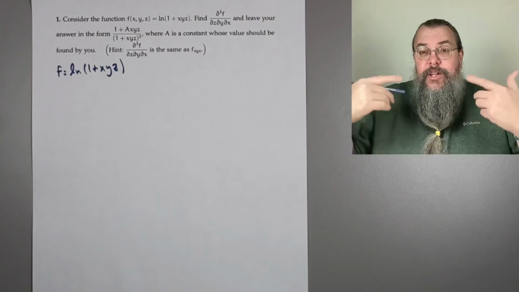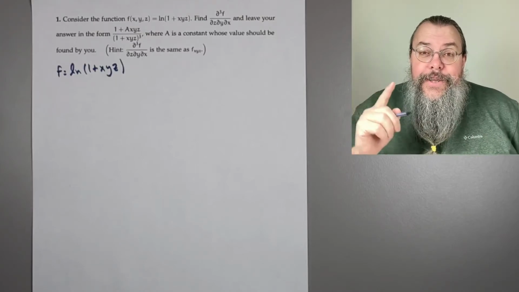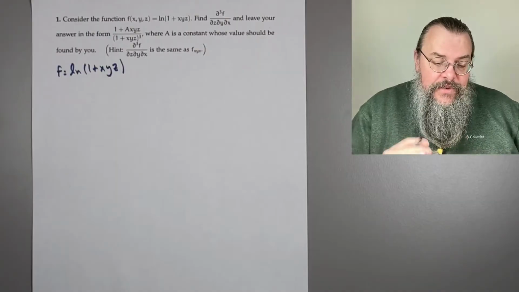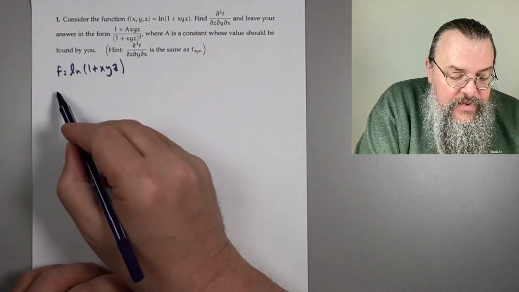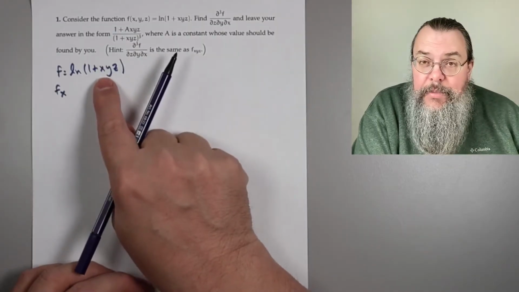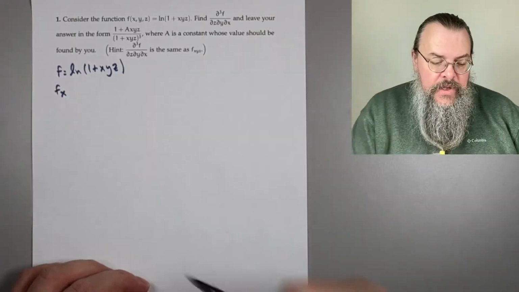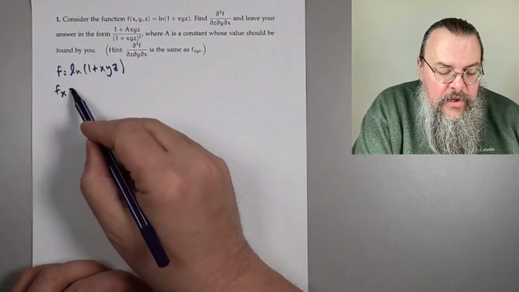And remember, as we take a derivative, one thing is going to vary, and the others are going to be constants. So when we talk about f sub x, that says, hey, the x is the varying part, and the y and z you treat as if they were numbers. Okay, so how do we take the derivative of a log?